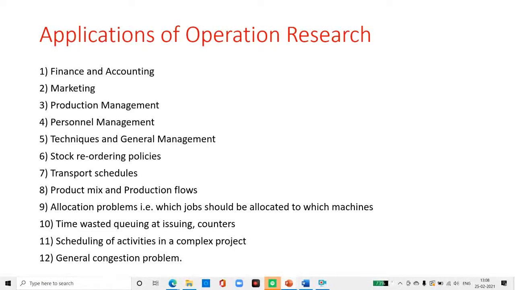Examples include stock reordering policies, transport schedules, product mix and production flows, and allocation problems, that is, which job should be allocated to which machine. Then time wasted queuing at issuing counters, scheduling of activities in a complex project, and lastly, general congestion problems.